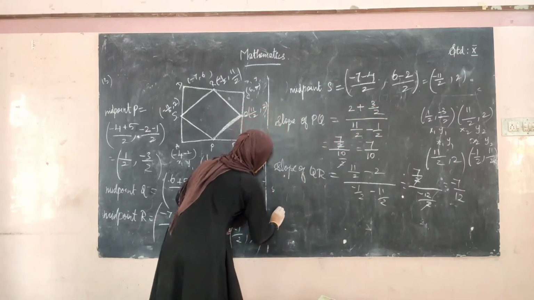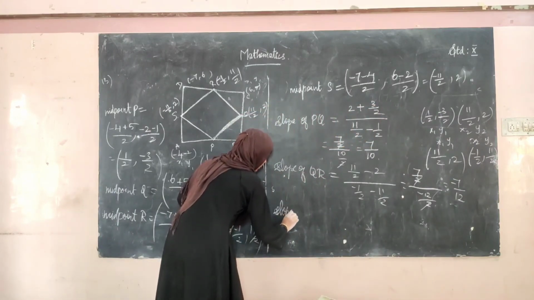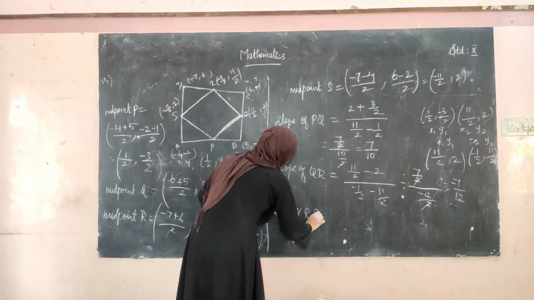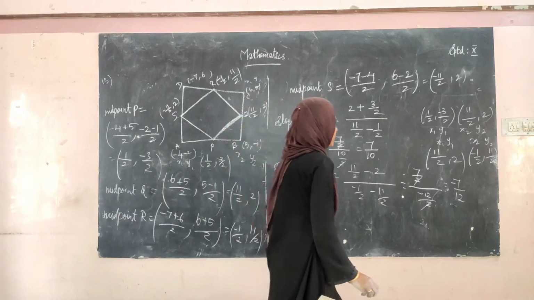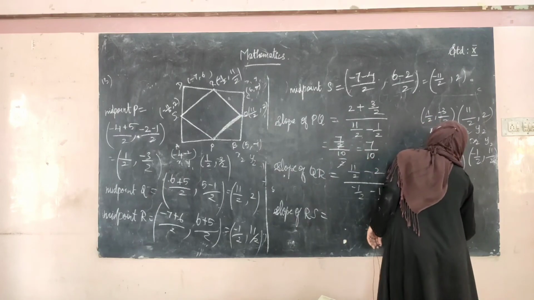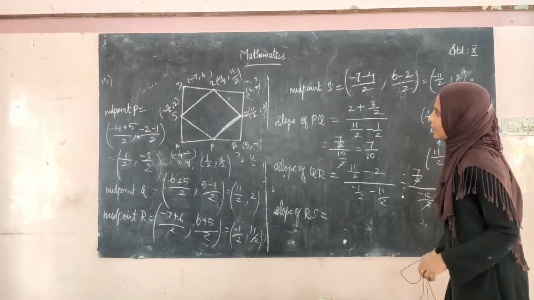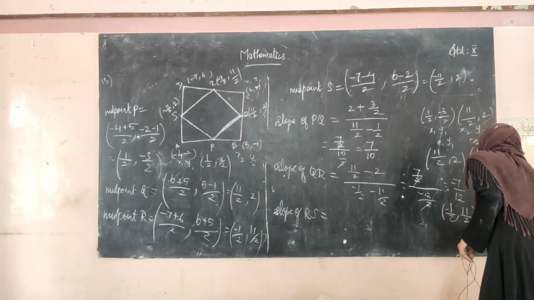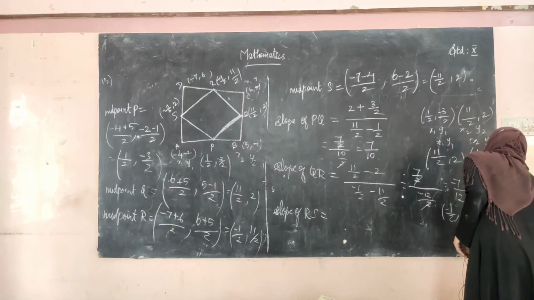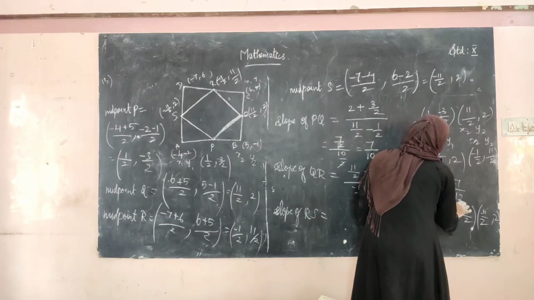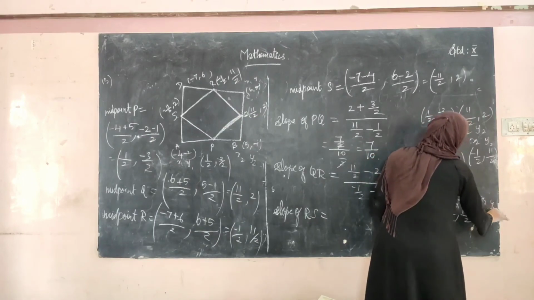And then slope of RS is equal to, what are the points here? R is (-1/2, 11/2). And what is S? (-11/2, 2). So you have to take this as x1, y1, x2, y2.